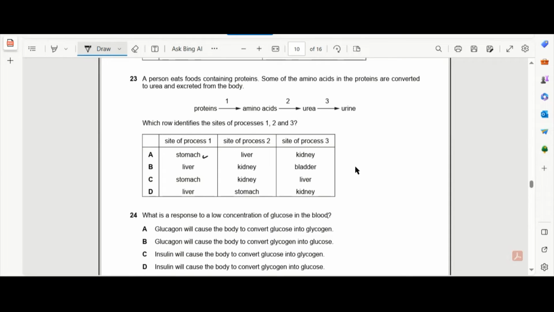So, stomach. Amino acids are broken down to urea in the liver. And if you don't remember this, you can surely remember that urea is converted to urine in the kidney. So obviously A will be the correct answer.